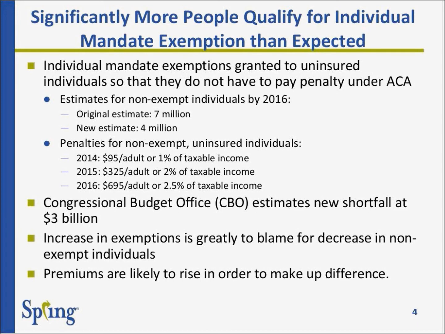If the increase in exemptions is to blame for the decrease in non-exempt individuals, premiums are likely to rise in order to make up the difference. There's got to be a way to come up with the money to offset this shortfall. This is just one of the things that they're looking at doing. The concern is that for fully insured businesses, typically under 100 in size, there could be additional taxes and fees levied, a collection of these taxes and fees where in the past they weren't doing as much, and they need to do that.